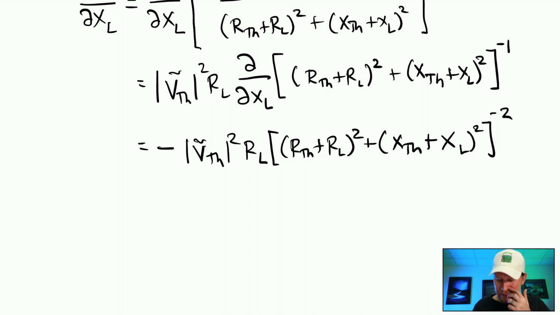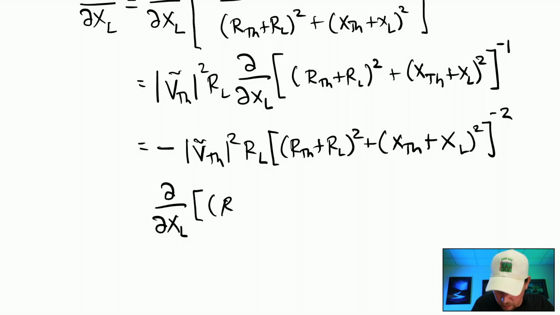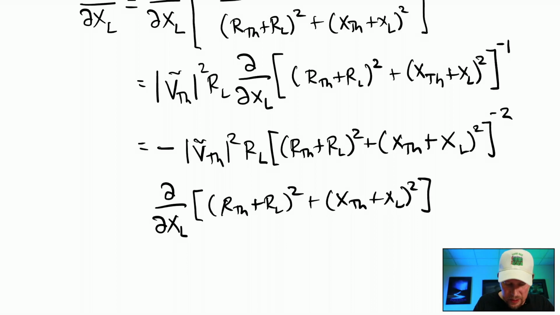I have to subtract 1 from the exponent. And then I'm taking the partial derivative with respect to the load reactance of these two added together squared plus these two added together squared. Notice that this derivative is going to completely kill this one.